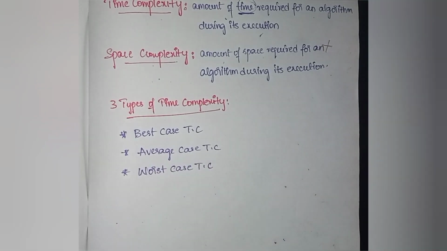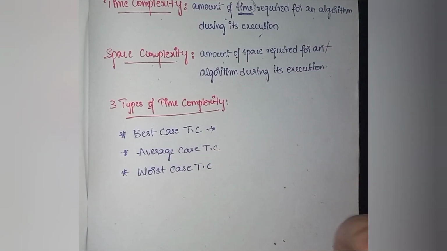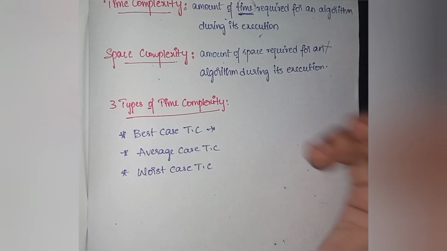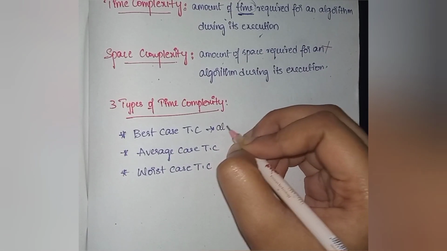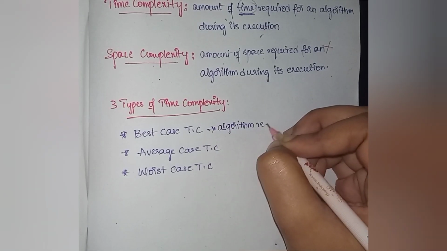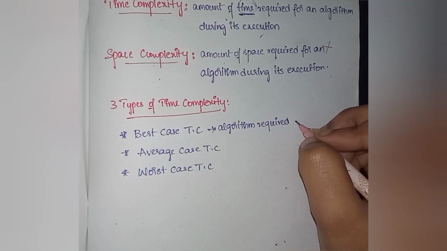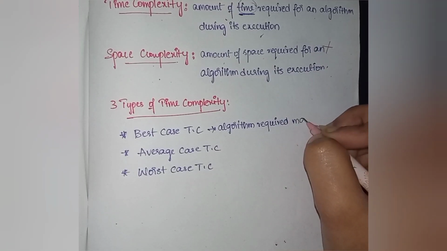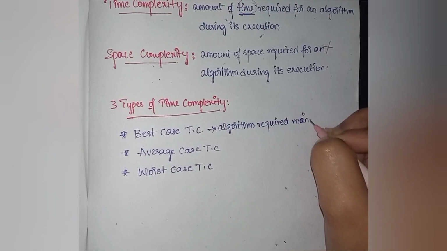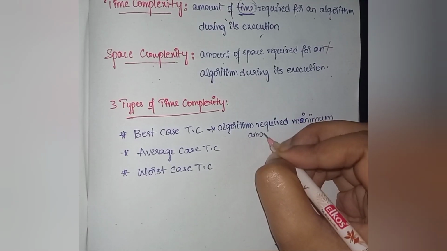Okay, so best case time complexity means, if your algorithm requires minimum amount of time for execution, it is called best case time complexity. Minimum amount of time for execution.